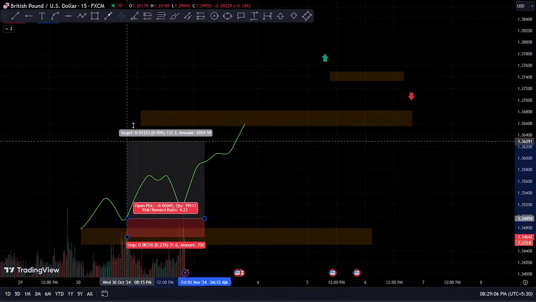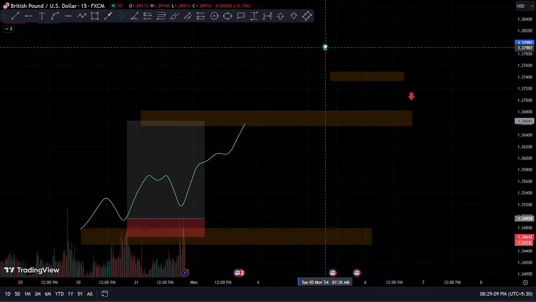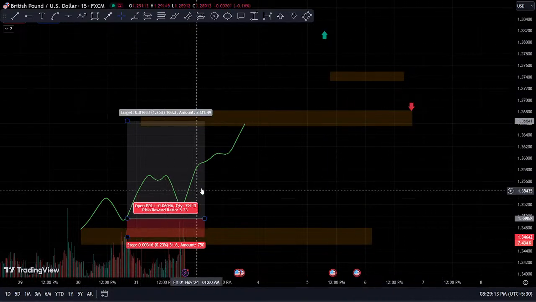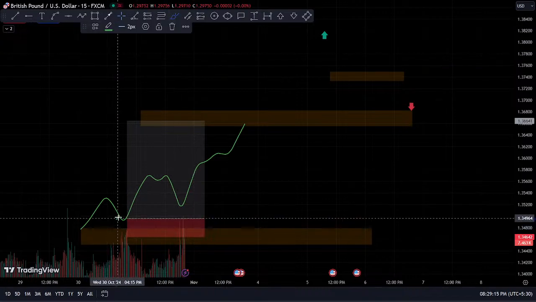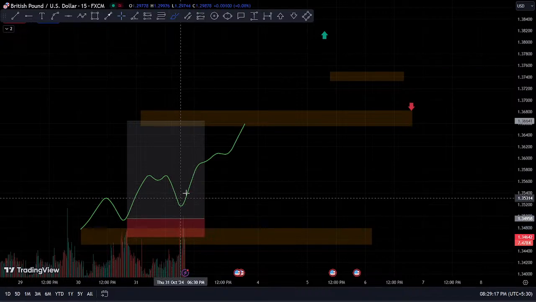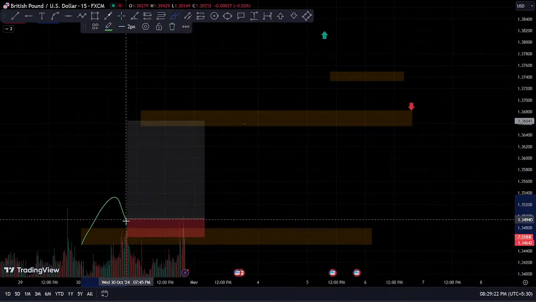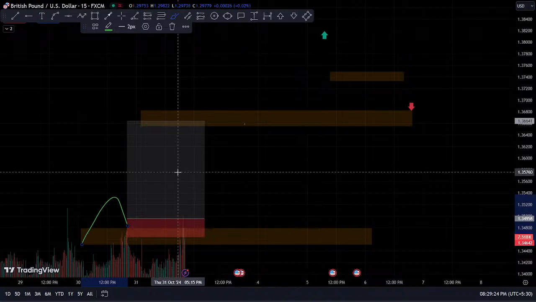Here the buyers are maximum and the sellers are as minimum as possible. So now the price is trading over here. Okay, so we are currently here. So this is a buying zone.